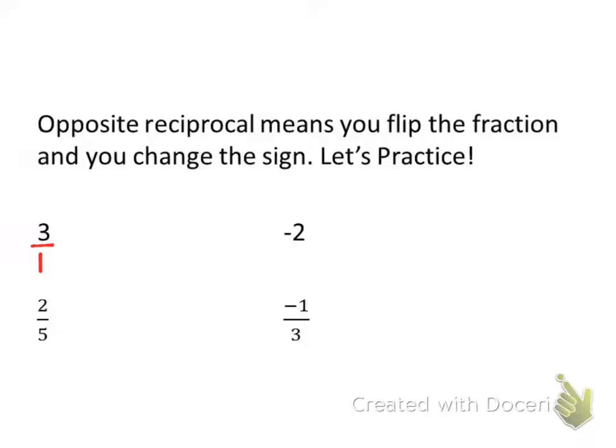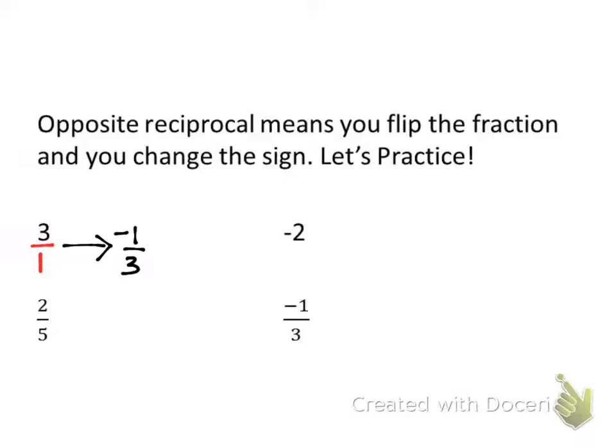Put it over 1. Now, to find the opposite reciprocal, I need to do two things. I need to change the sign and flip the fraction. So flipping it would give me a 1 over 3, and changing the sign would give me a negative. So if it was negative, you make it positive. If it was positive, you make it negative, and then you just flip it. That's the opposite reciprocal.